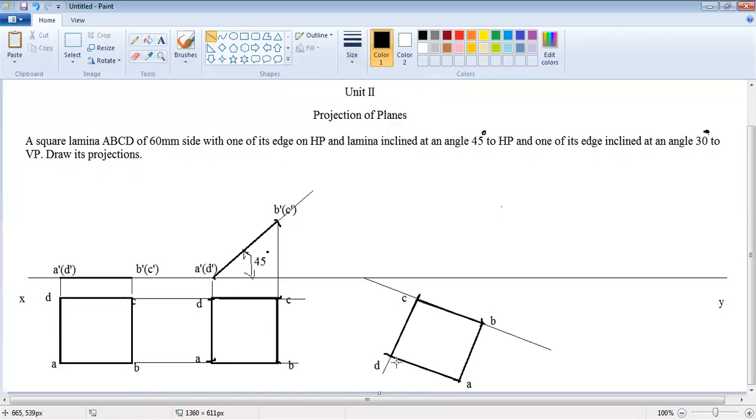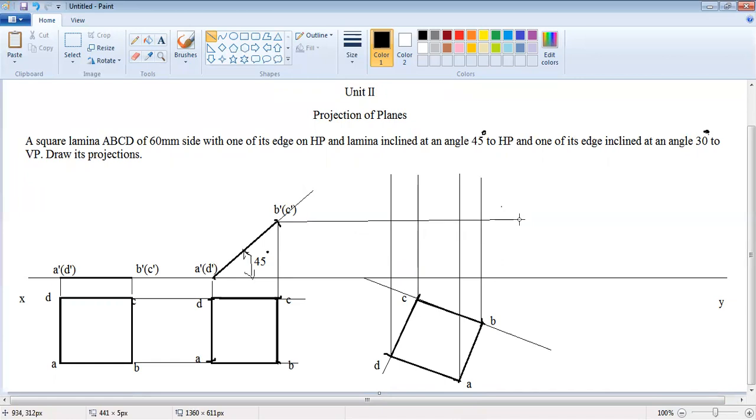Extend the top view to the front view using straight lines, and section the front view from here to join all the intersected points.